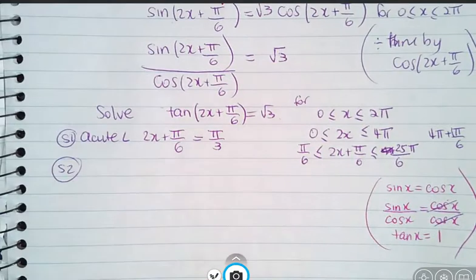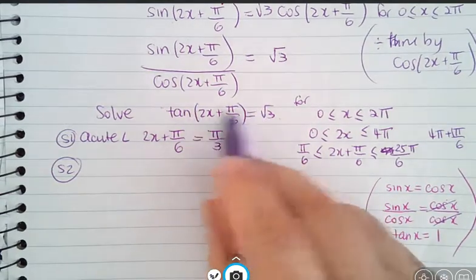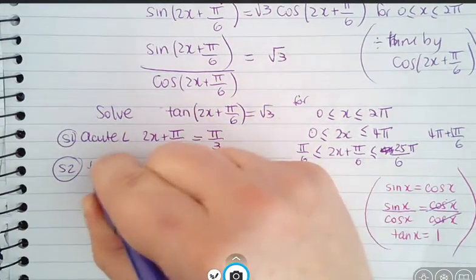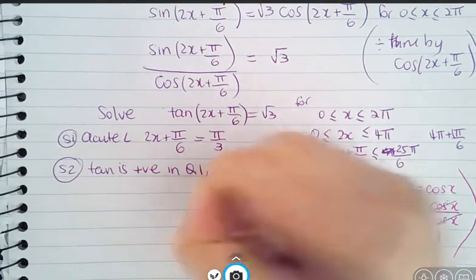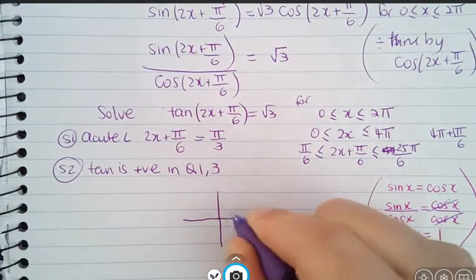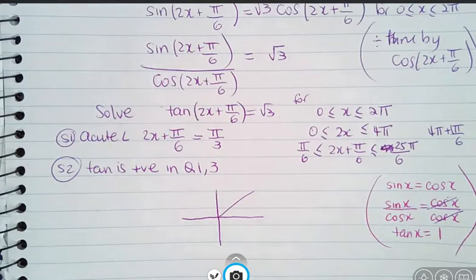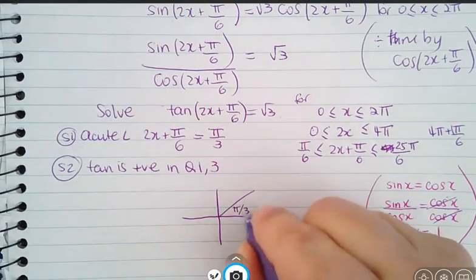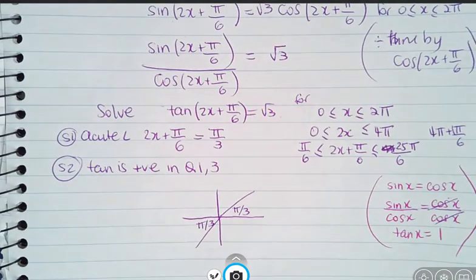Step 2 is your quadrants. Are we positive or negative? We're positive, because tan of that is positive root 3. Tan is positive in quadrants 1 and 3. Then we draw a little sketch. My acute angle is pi on 3, which is 60, and it's sitting in quadrants 1 and 3.